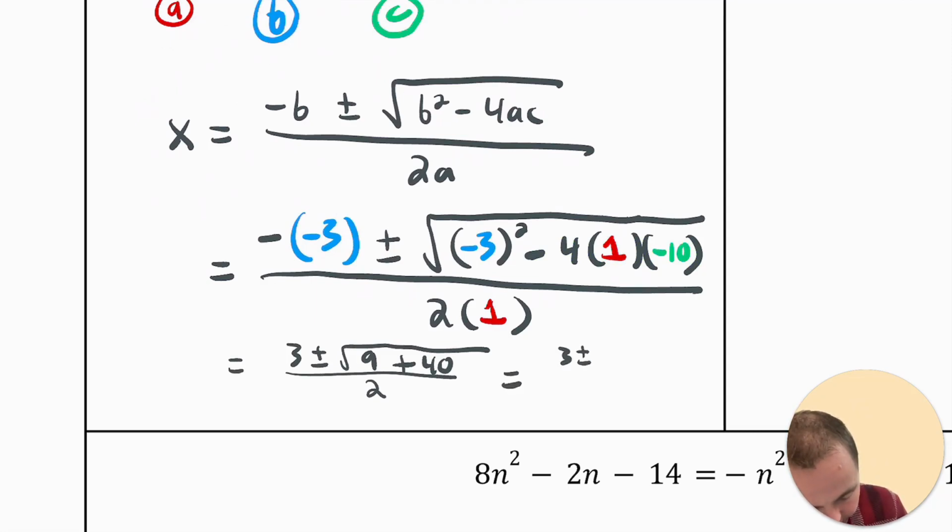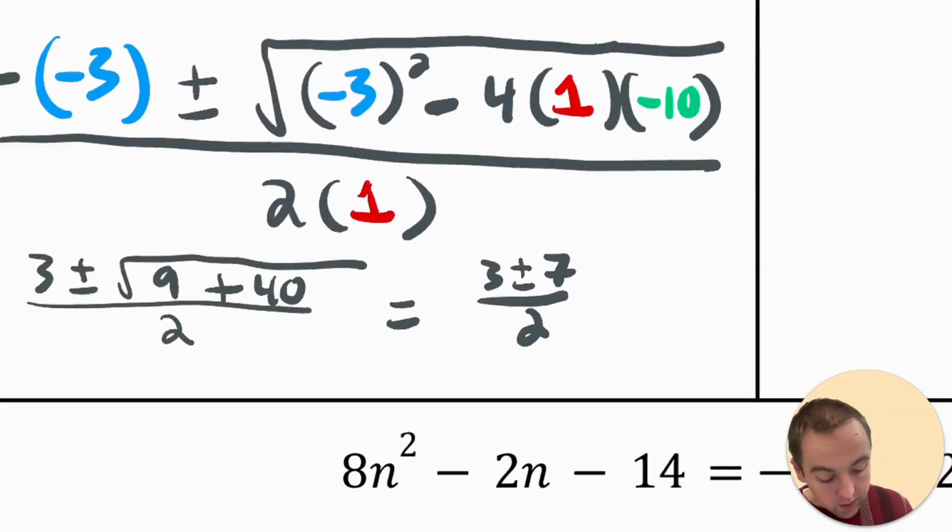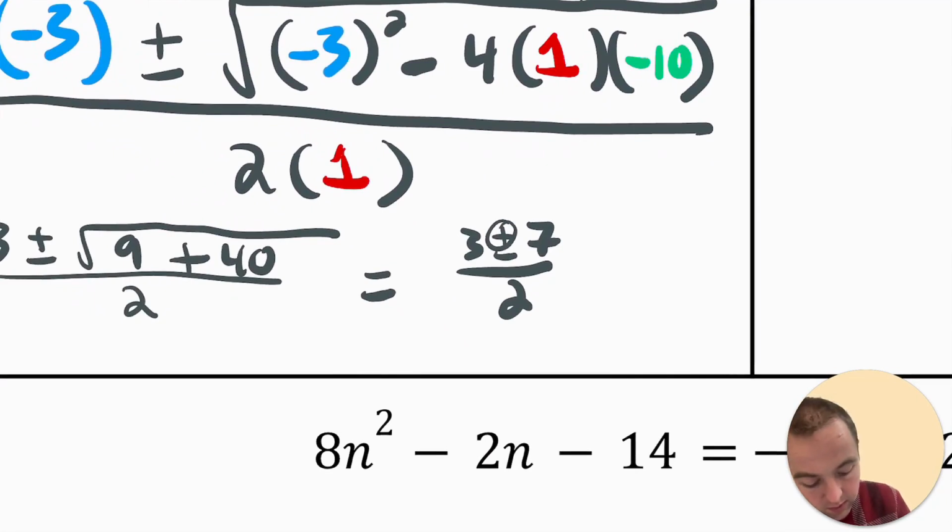So it turns out that we end up getting 3 plus or minus the square root of 49 on top, right? And we know the square root of 49 is 7, so I'm just going to erase that and write 7, and that's all over 2. So you can find really nice numbers for this particular equation, because if you did the plus, then 3 plus 7 gives you 10, which over 2 gives you 5 as an answer.